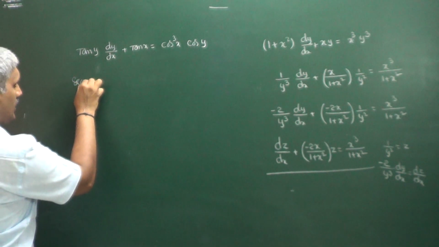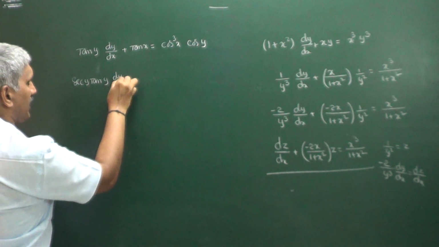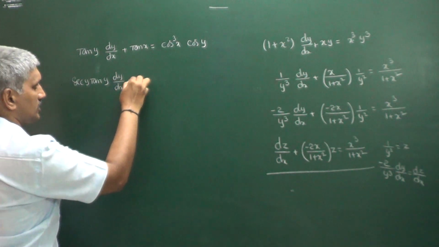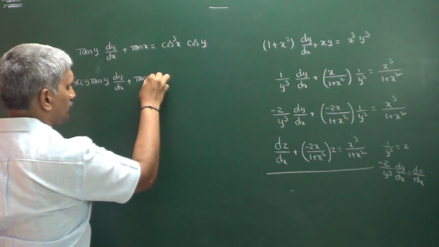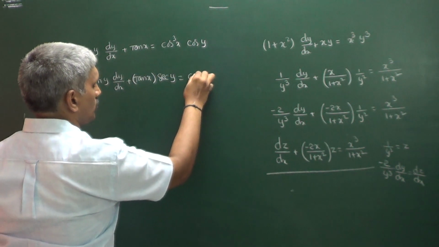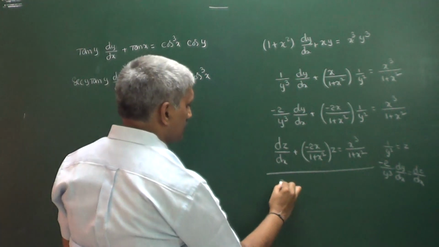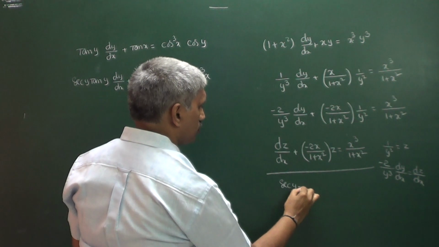This one: secant y into tan y into dy by dx plus tan x into secant y is equals to cos cube x. Now what to do? We have to take the substitution as secant y is equals to z.